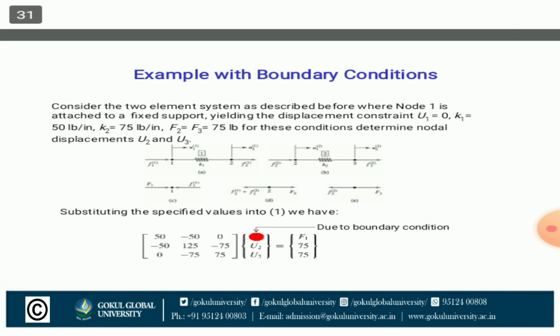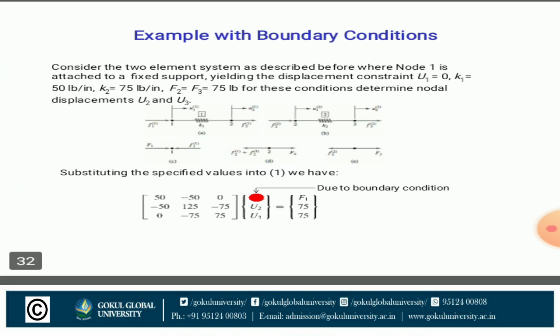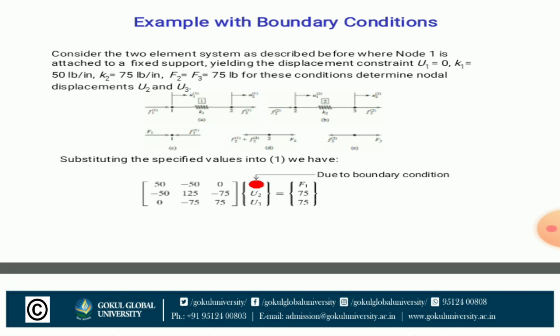Here we take one example with the boundary conditions equation, and consider a two-dimensional element system under load. First of all, you have to keep in mind the basic 7 steps required to calculate any kind of example in a finite element analysis solution.